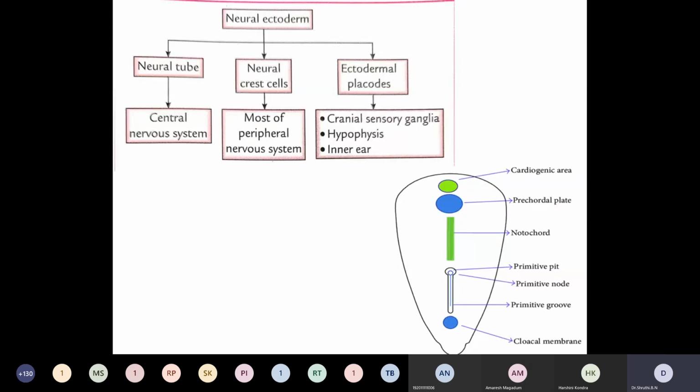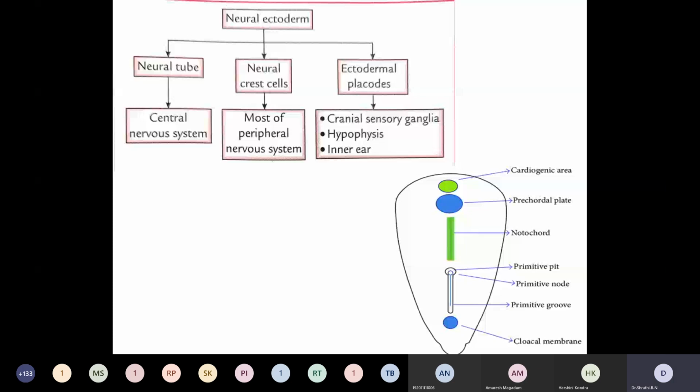Central nervous system includes brain and spinal cord, and peripheral nervous system includes peripheral nerves and the ganglia. So the study of development of nervous system is very important, which helps in understanding its complex organization and the occurrence of various congenital anomalies.